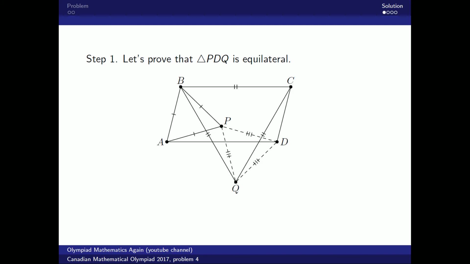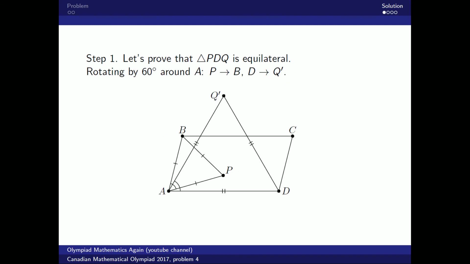Let's consider first the rotation by 60 degrees around point A. When we rotate around point A by 60 degrees, point P goes to B. This is very clear, because ABP is an equilateral triangle.